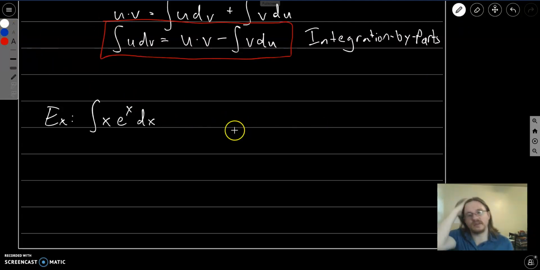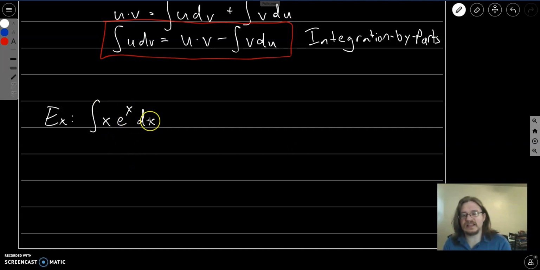There are two things going on here. We have to identify what is u and what is dv. When we look at this integral, the antiderivative of x e to the x is not something that I would know how to do just off the bat. I know how to integrate both of these parts. I know how to integrate x. I know how to integrate e to the x. E to the x is one of the nicest functions to integrate because it's just itself, e to the x.